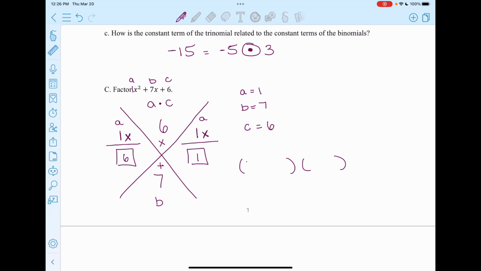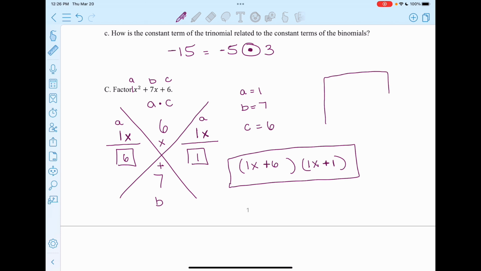So I'm going to have 1x and 1x for each binomial. And the number on the bottom tells me what I'm adding or subtracting afterwards. So for my first fraction, I have 1x plus 6. And for my second fraction, I have 1x plus 1. These are my factors of this trinomial.